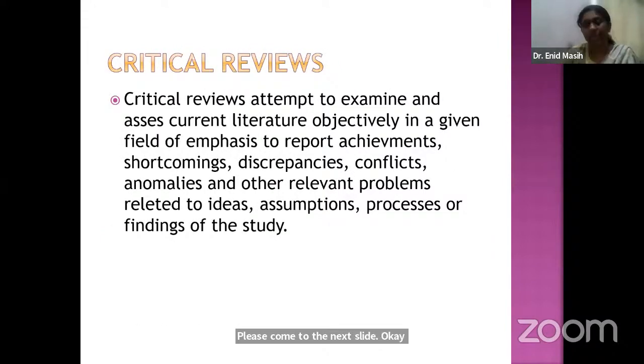Then the next point is a critical review. A critical review attempts to examine and assess current literature objectively in a given field of emphasis, to report achievements, shortcomings, discrepancies, conflicts, anomalies, and other relevant problems related to the ideas, assumptions, processes, or findings of the study.